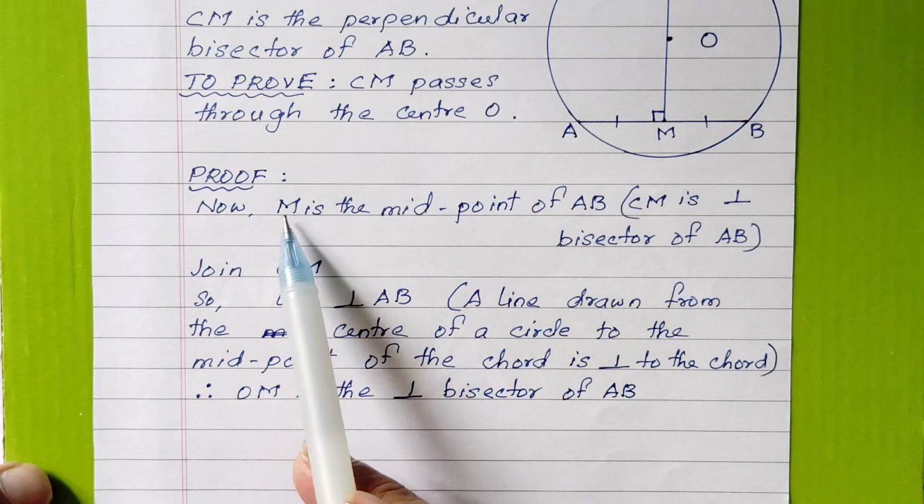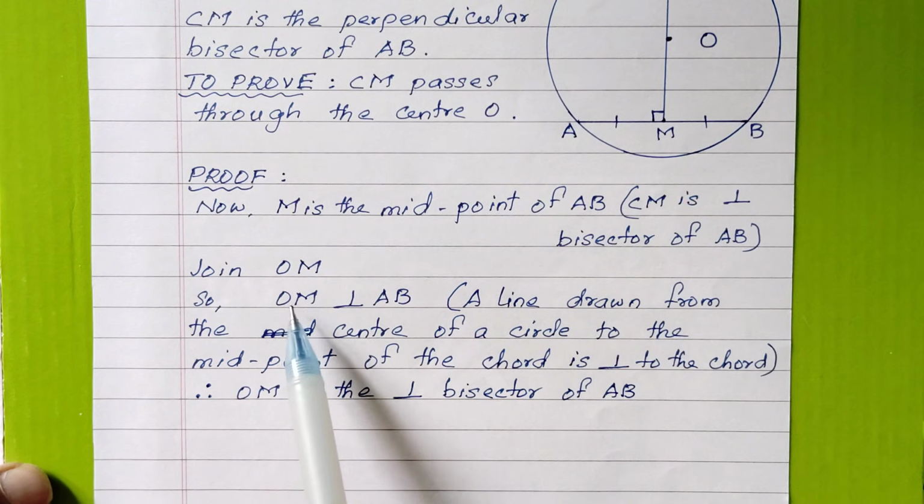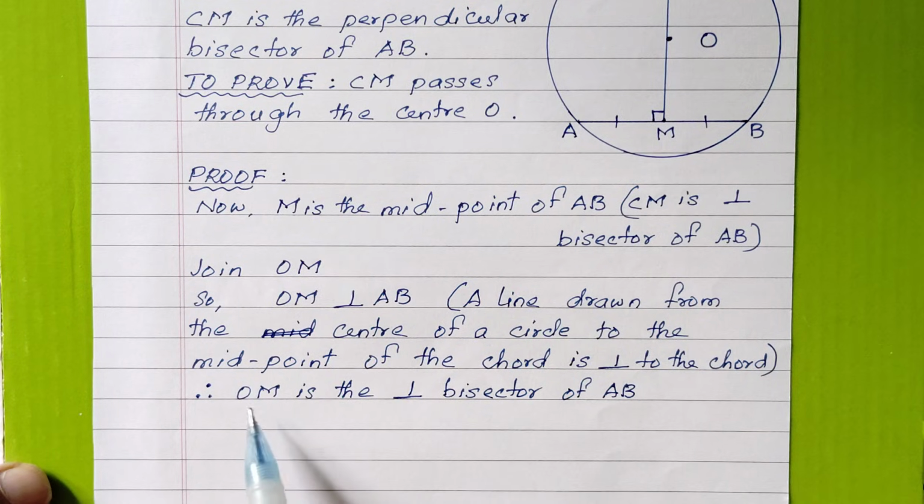Here M is the midpoint of AB and OM is perpendicular to AB. So OM is the perpendicular bisector of AB.